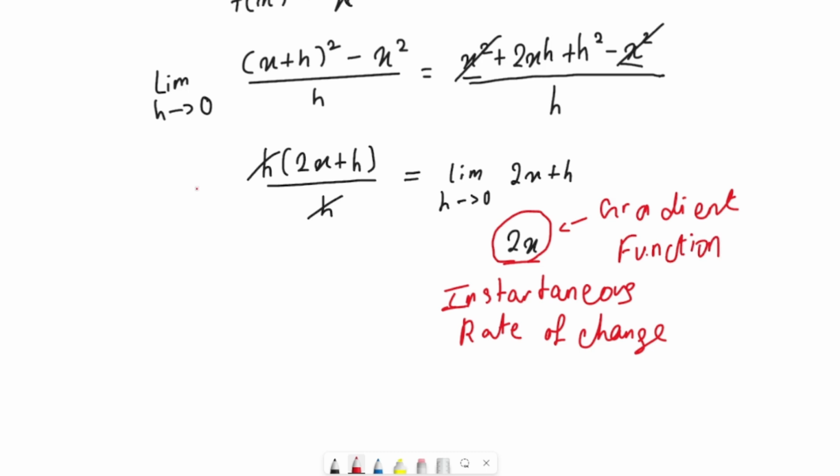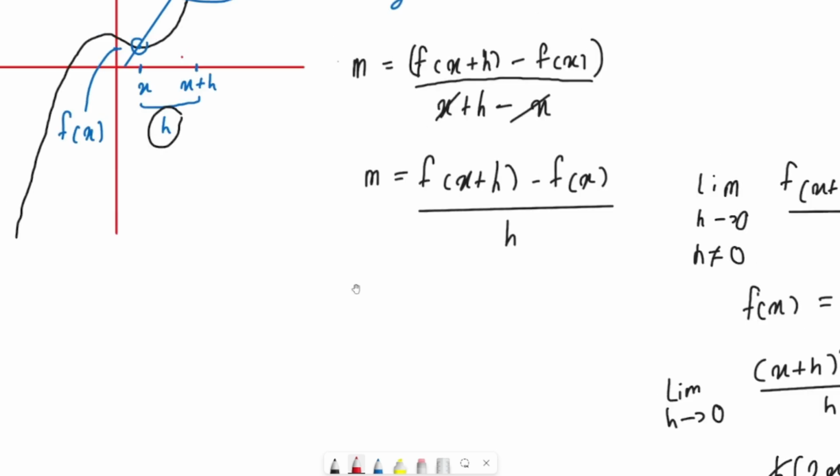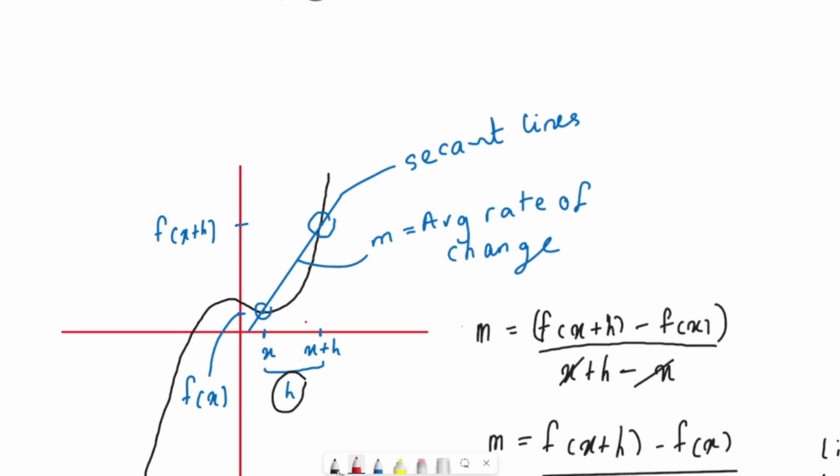So obviously the graph I drew at the start isn't exactly the same as this, but if we were to go back to it, we can see that if I were to shrink h to that insignificantly small value, then at this point, I can draw a tangent, because we know that a tangent is a line that touches the graph at one point, right?